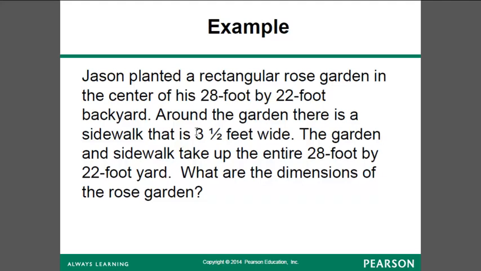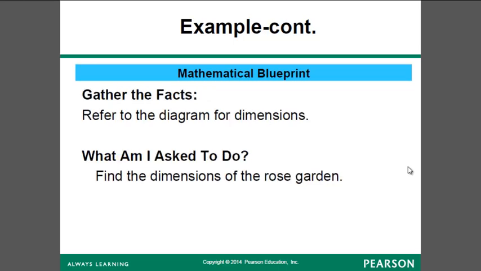There's a sidewalk that is 3.5 feet wide all the way around the garden. And the garden and the sidewalk take up the entire backyard. What we've just done is gather some facts, and we're going to draw a diagram to look at these using the dimensions.